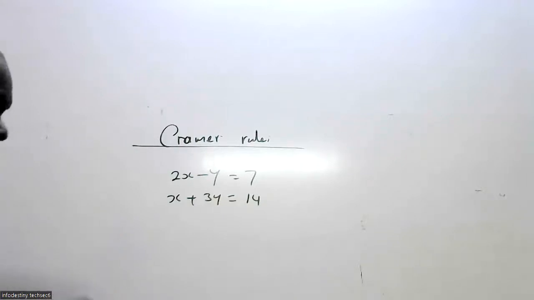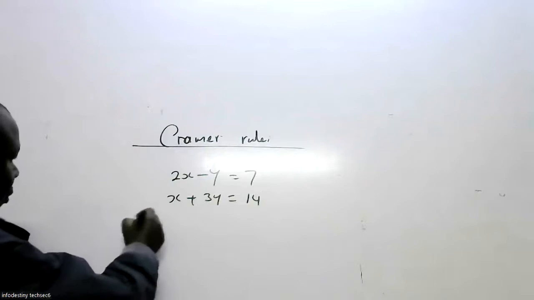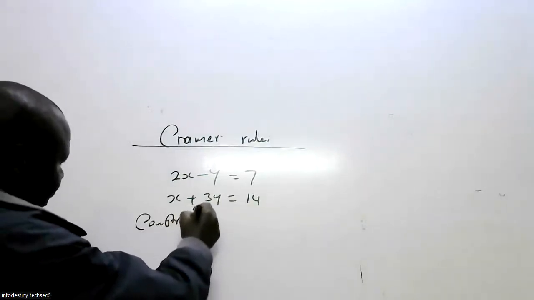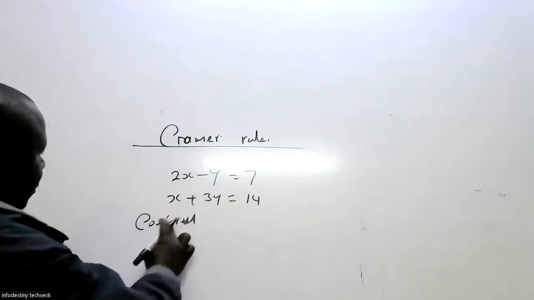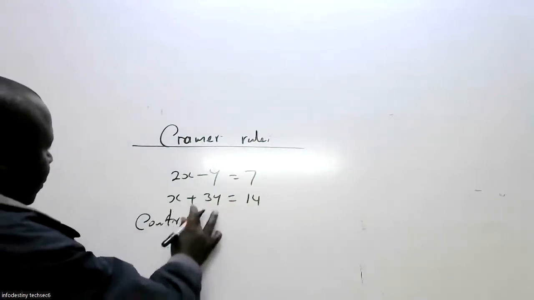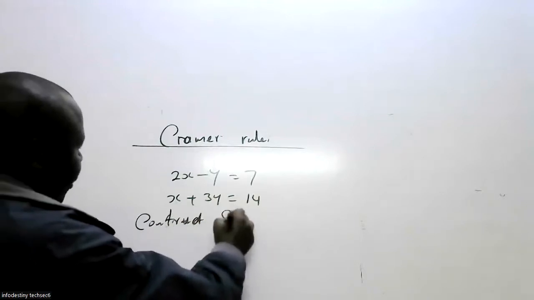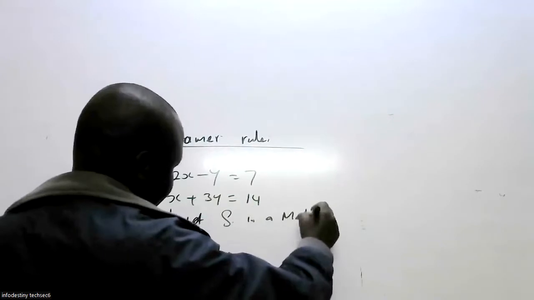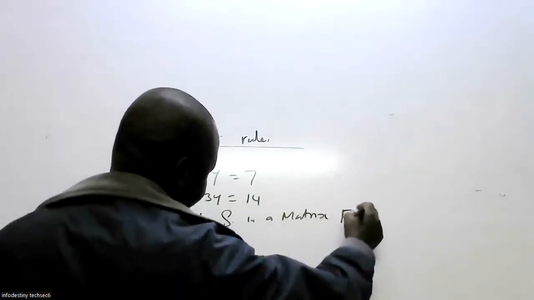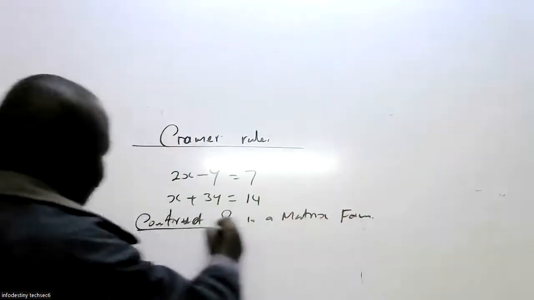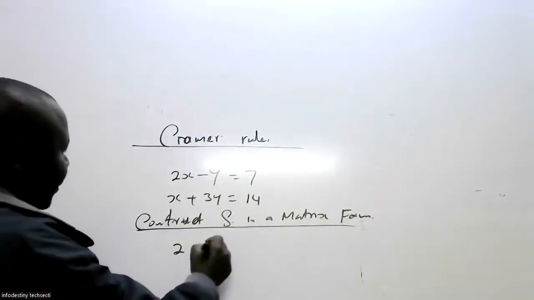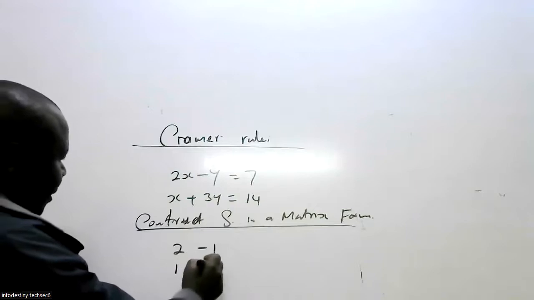That's step 1. Then we take 2, -1, 1, 3.